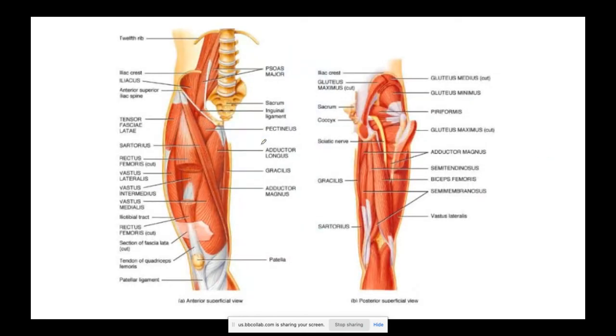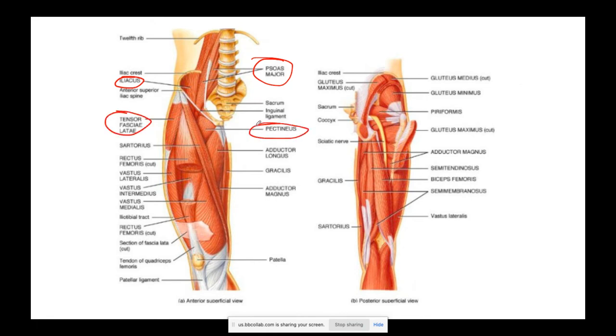Okay, looking at the anterior thigh, muscles that you should be familiar with: psoas major and iliacus. Both of those are very strong hip flexors, like taking a first step, right? When you're taking a step or walking up the stairs, your hip has to flex. Another muscle you need to know for sure, TFL, which is tensor fasciae lata.